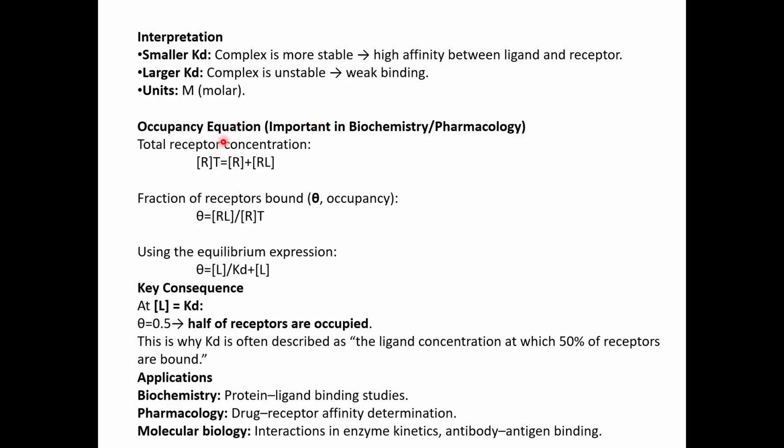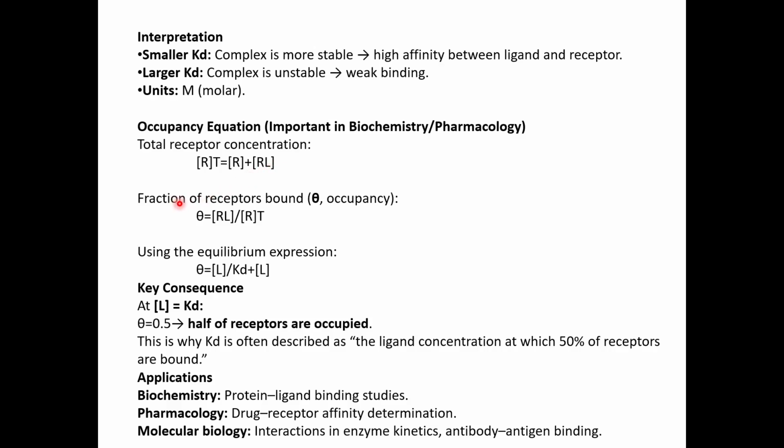Then we also have something called the occupancy equation. This is just for information. This is important when you have drug studies, or if you have to know the binding capacity of your drug. So total receptor concentration, R total, is equal to your free receptor plus the receptor that is bound with a ligand.